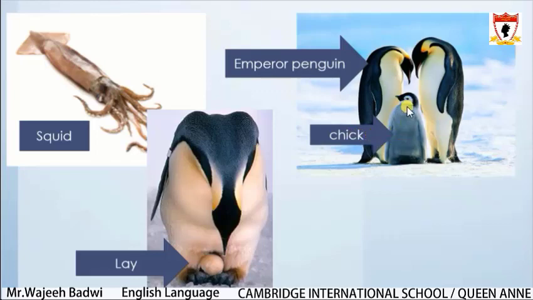Okay, so this is the small penguin, you could say. This is how penguins hold their eggs. Okay, and we could name this action lay. And this is a type of food for penguins, which is a squid.